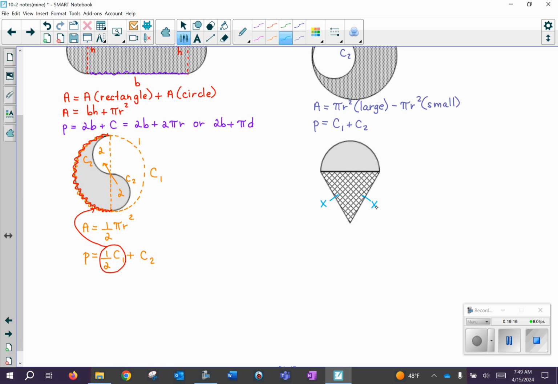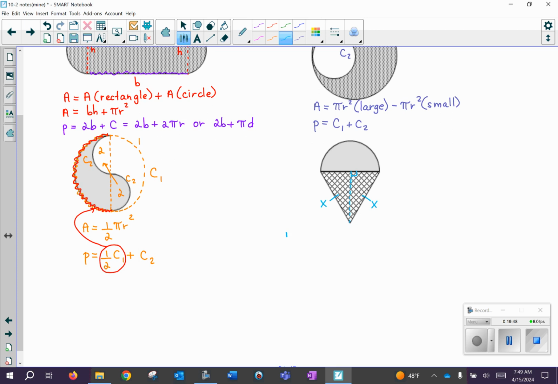We also know for finding the area of a triangle, because eventually I'm going to do a triangle and half of a circle for area, well, we also know that we're going to need to find area by doing 1/2 base times height. Remember, for an isosceles triangle, you have to drop an altitude, which meets at a right angle. And that is how you would find this area, because the whole base and the whole height have to meet at right angles. So keep that in mind as well.